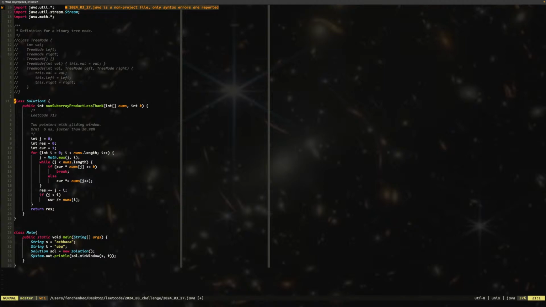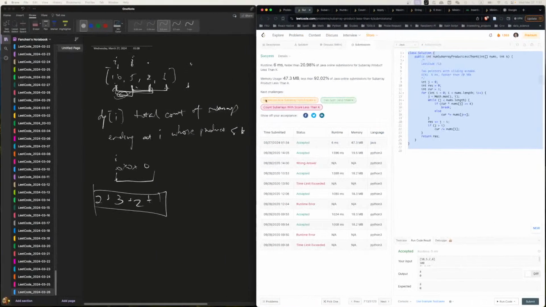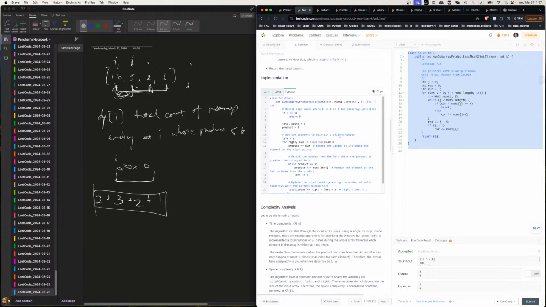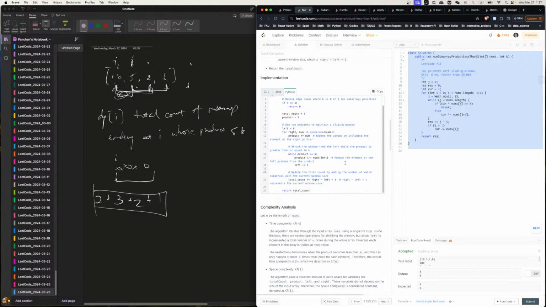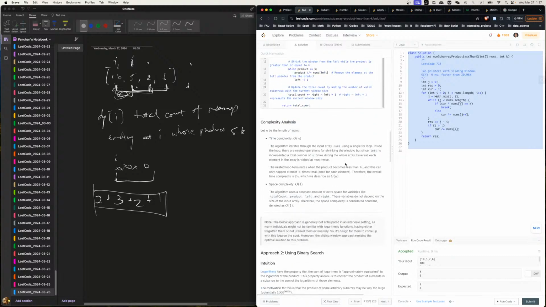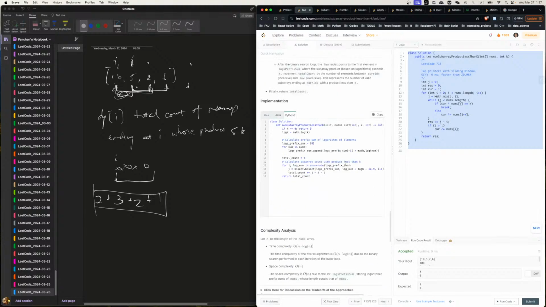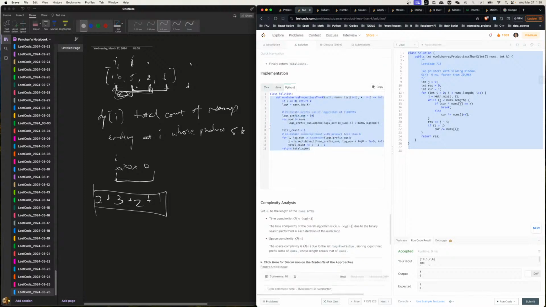Equal. It'll be hard to find the equal sign. Let's check the solution. Sliding window. Oh, I got it. I was copy and pasting this thing. That's exactly the same. Copy and paste is the exact same thing.